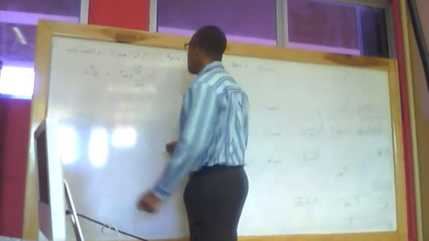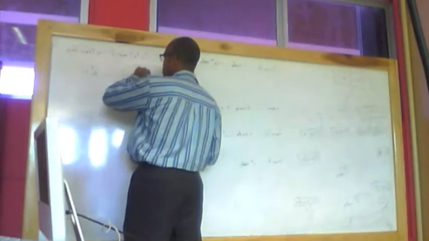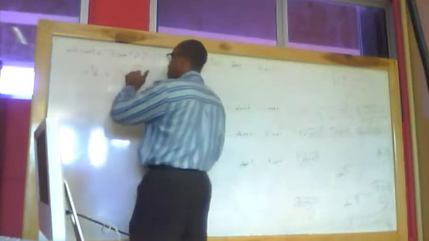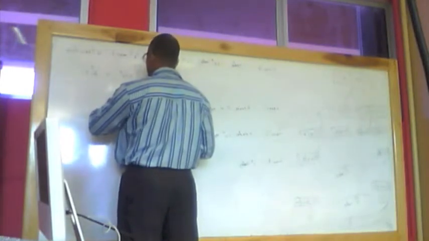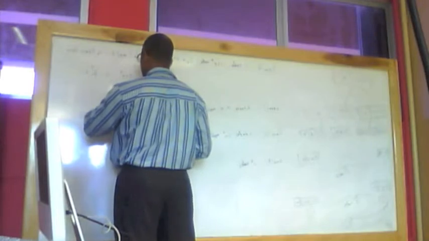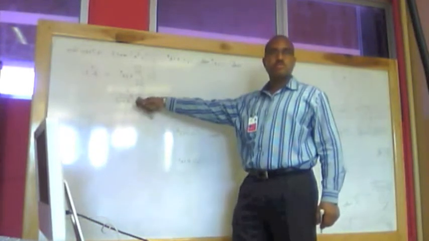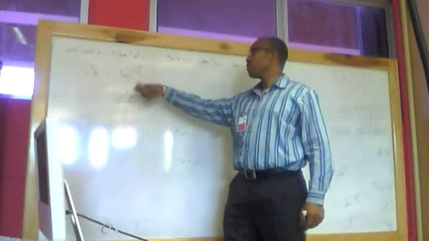It's a GP. So 4 times this to the power of that, up to that limit. So it's 4 times 2 to the n minus 1. Right? That's fun, right? From this, to that.